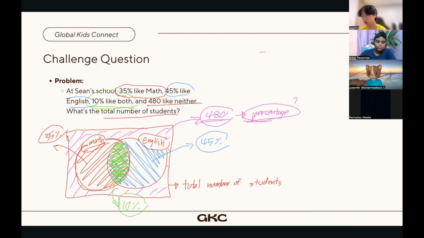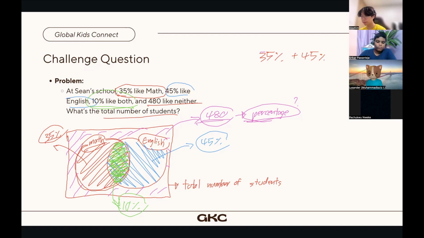And so in order to find the percentage of students that enjoy both, that's why we add up, first of all, the percentage of students that enjoy math, which was 35%, and then the percentage of students that enjoy English, which was 45%. And then this is the most important part.